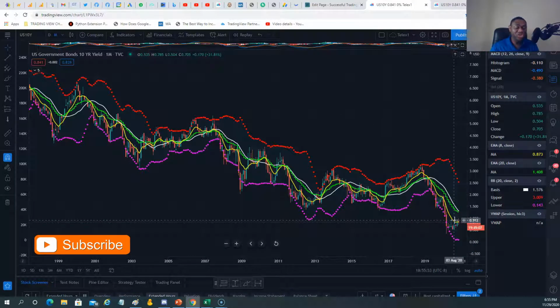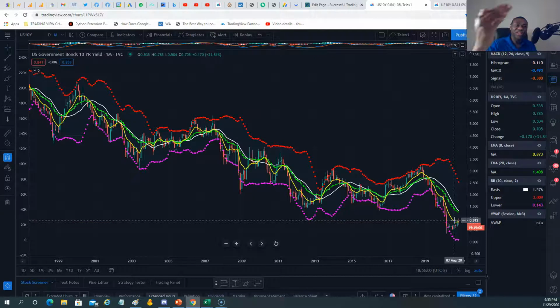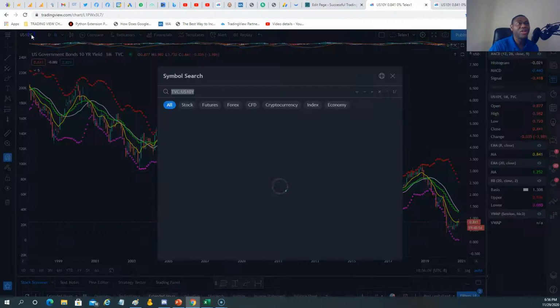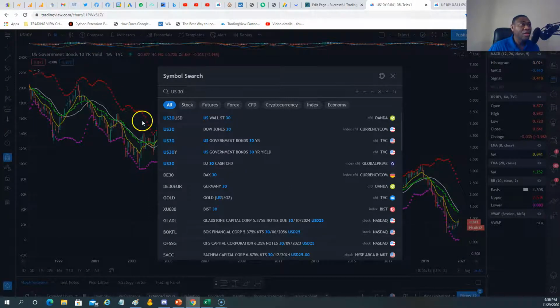The other thing to know, as you may have guessed, is that the longer the maturity, the higher the yield. For instance, we are looking at a yield of 0.8% on the 10 year. Let's take a look at the 30 year. So we're going to go US 30 year, US government bond 30 year yield.